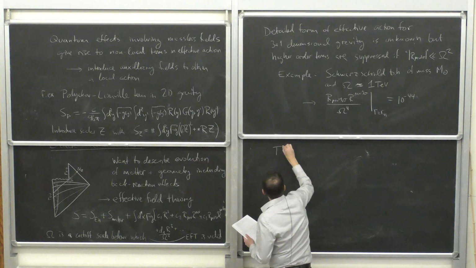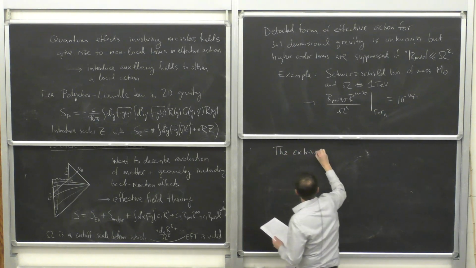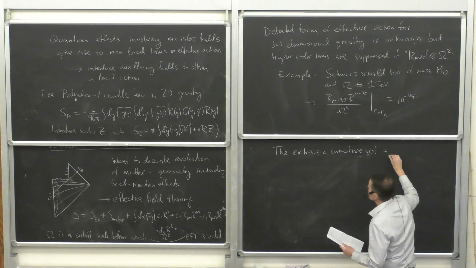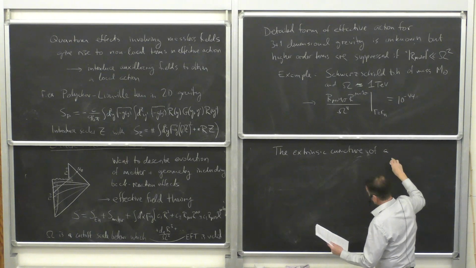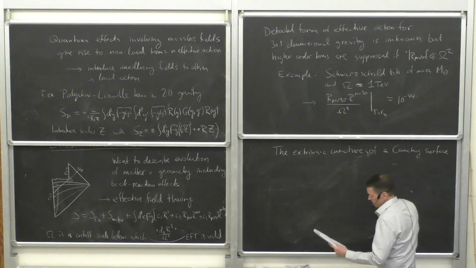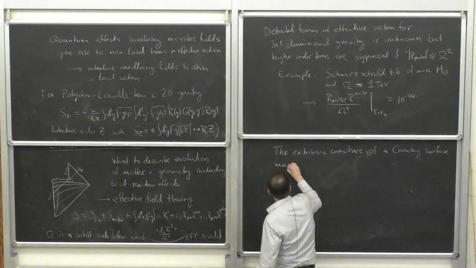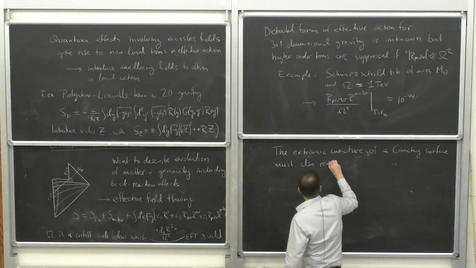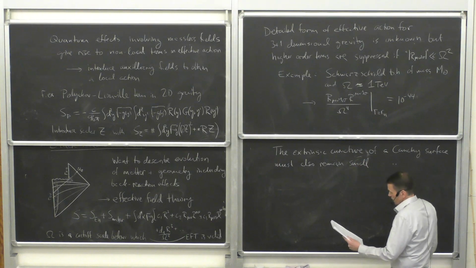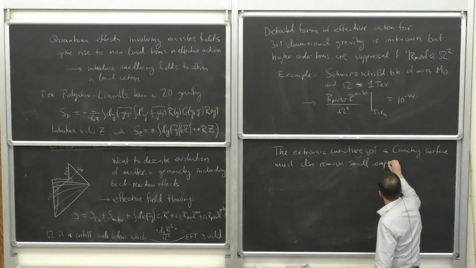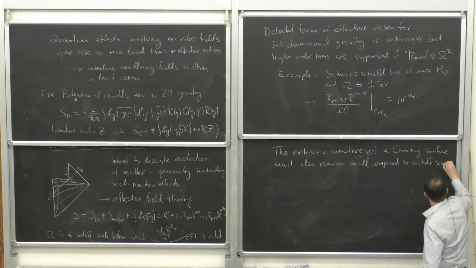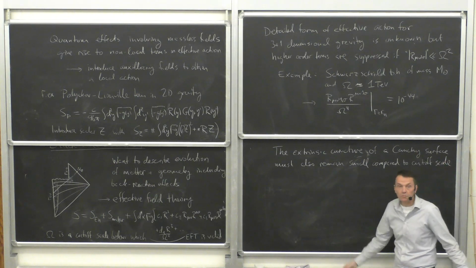The extrinsic curvature of a Cauchy surface must also remain small compared to the cutoff scale. That seems like a reasonable condition.